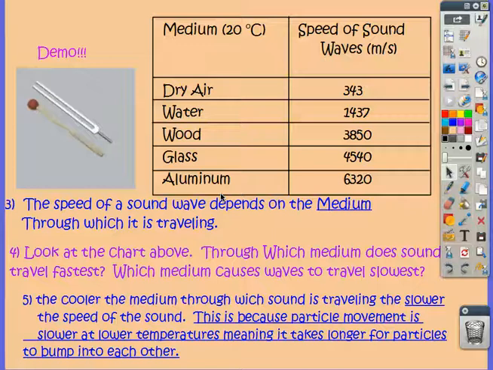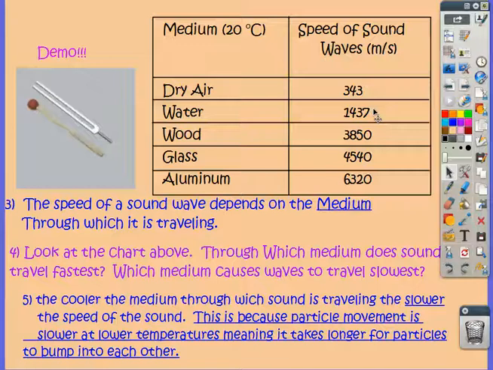But if you increase the temperature too much and that aluminum melts, all of a sudden the rate at which sound travels through aluminum has decreased, because it's now a liquid and the particles are much more spread apart. So even though it's hotter, it's now shifted its state to a liquid, and it's going to slow down the speed of sound.